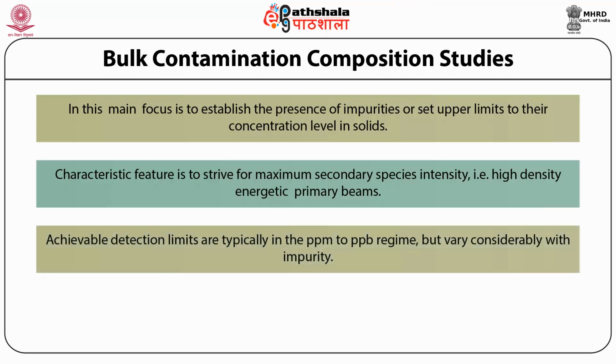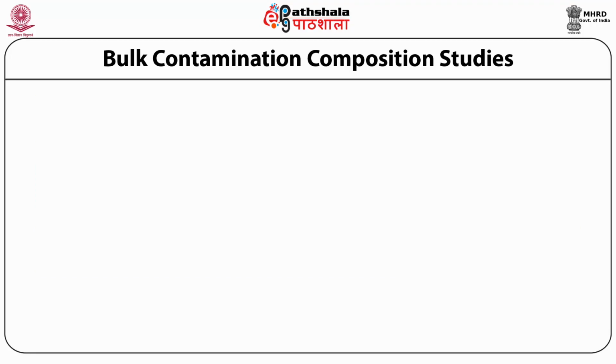Achievable detection limits are typically in the parts per million or parts per billion regime, but vary very significantly with the impurities or the level of impurities. That talks about bulk contamination composition studies.